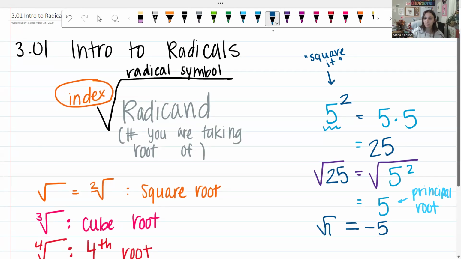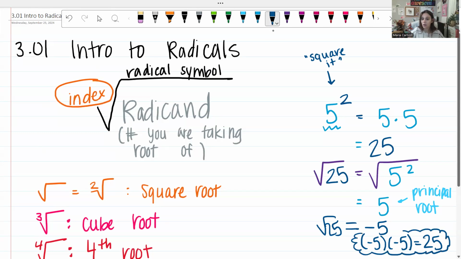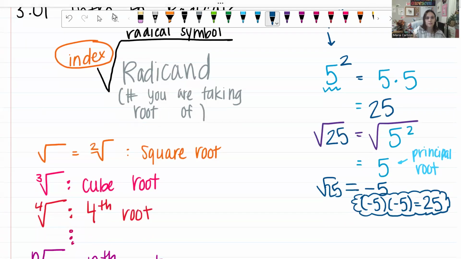The square root of 25 also equals -5 because if you multiply -5 times itself, you get a positive number. So -5 is what we call the negative root of that square root of 25.